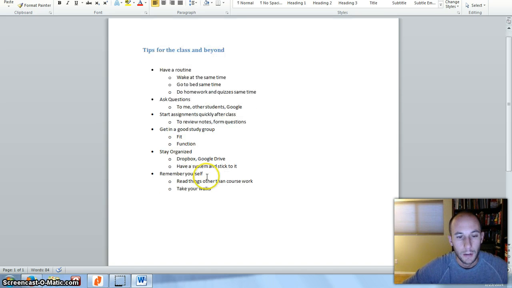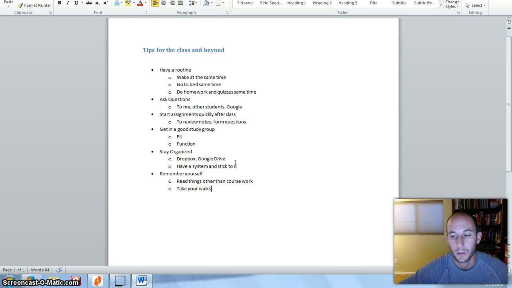Staying organized, especially in a class these days with computers and saving things on flash drives and all that. That never worked for me. I'd always lose my flash drive, or I'd drop it or something. I'd run it over with my car. Who knows? I use Dropbox a lot, and I also kind of use Google Drive just because I use Gmail and most of their products. Two really good resources there.